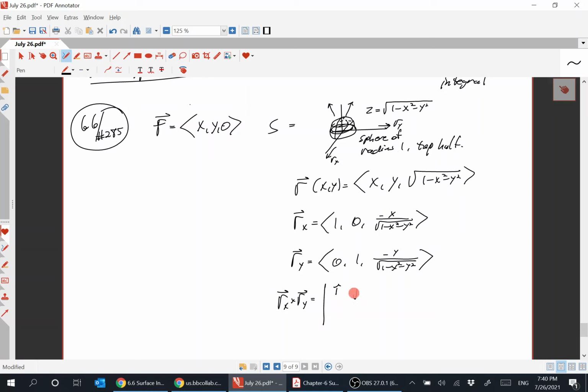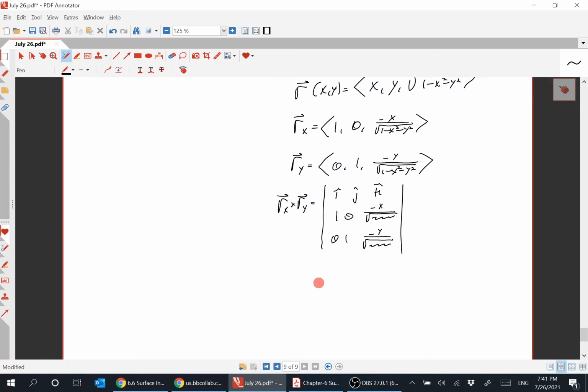So that's i, j, k, 1, 0, 0, 1, like that. So this cross product is equal to x over square root of 1 minus x squared minus y squared.